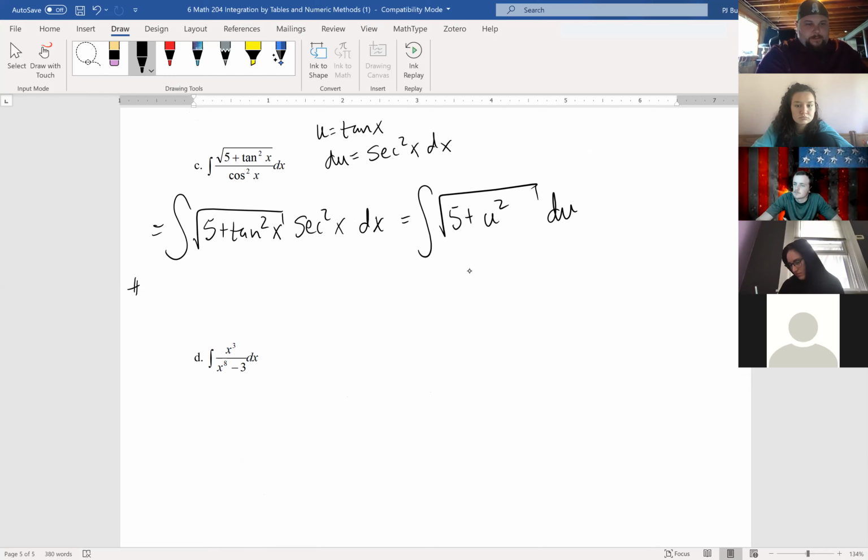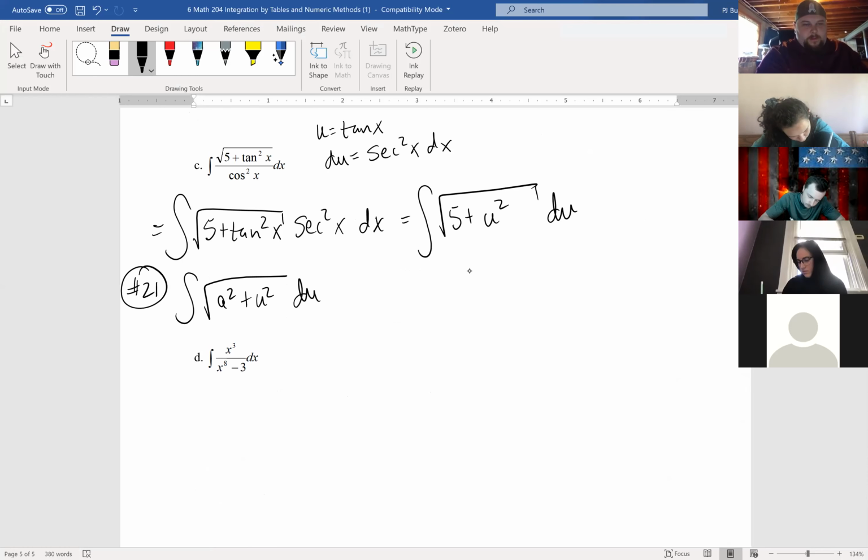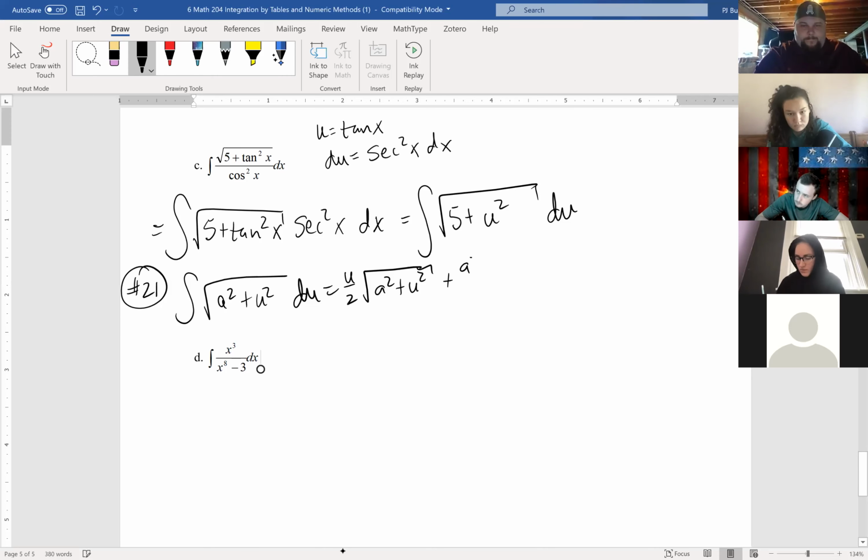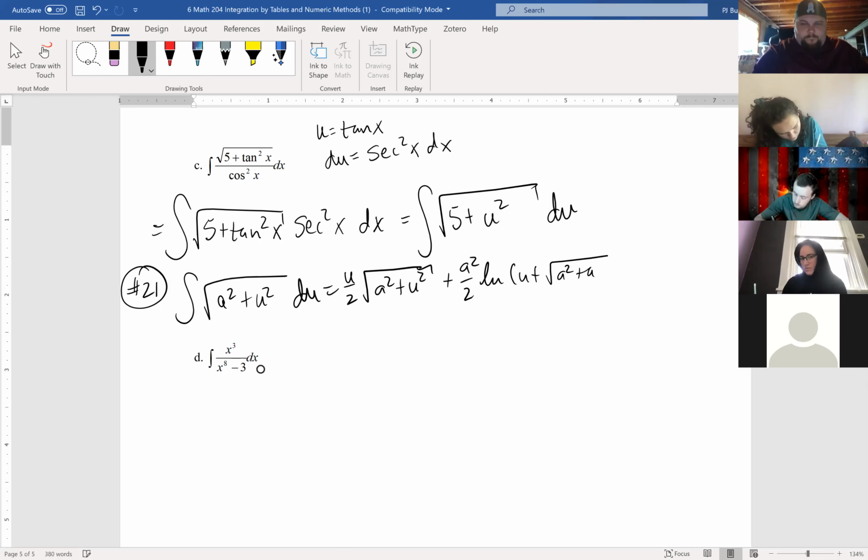So we're going to use number 21 that says the integral of square root of a squared plus u squared is equal to u over 2 square root... So again, I'm reading that right off the table.